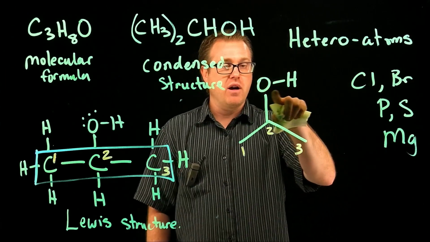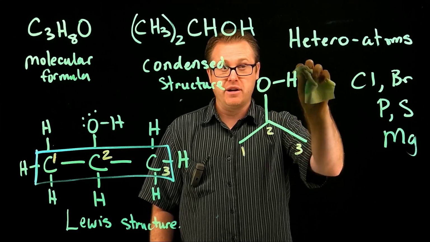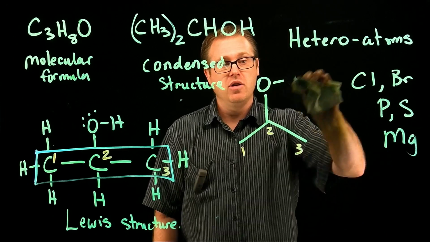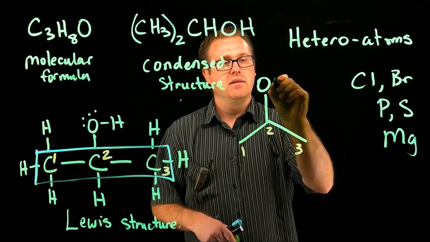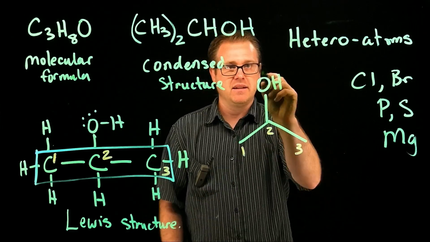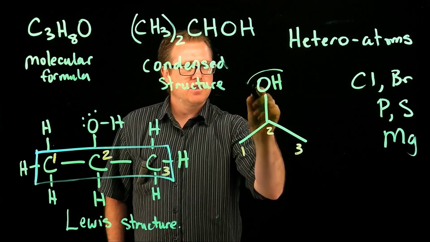Now I could draw it like this with the oxygen-hydrogen bond. I could expand it out like that if I'd like, or to save time and ink, I can just represent it like that, because I'm looking at this oxygen right there.